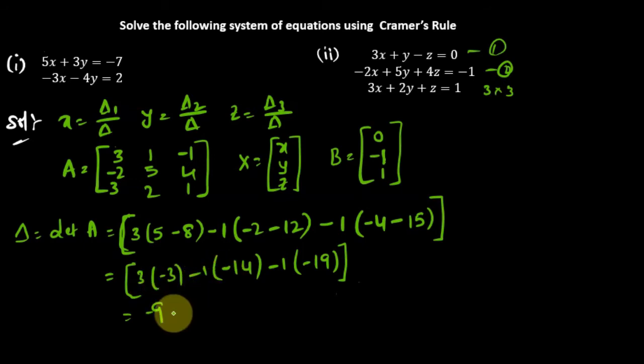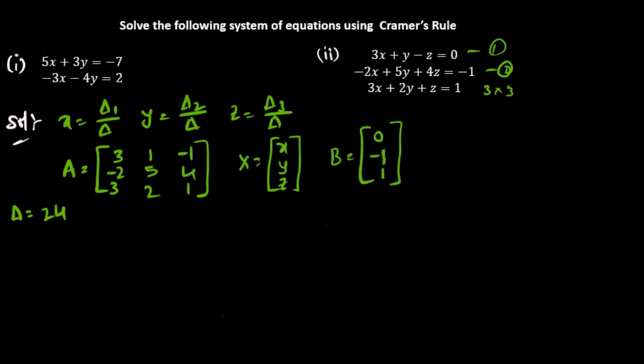Similarly, minus into minus will become plus. 1 14 is 14 here, minus into minus will become plus, 1 19 is 19. Now if you add these, you'll get 24. So delta is 24. Now similarly, I should find delta 1, delta 2 and delta 3.